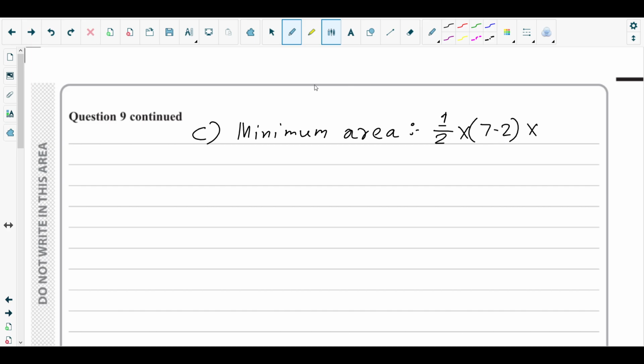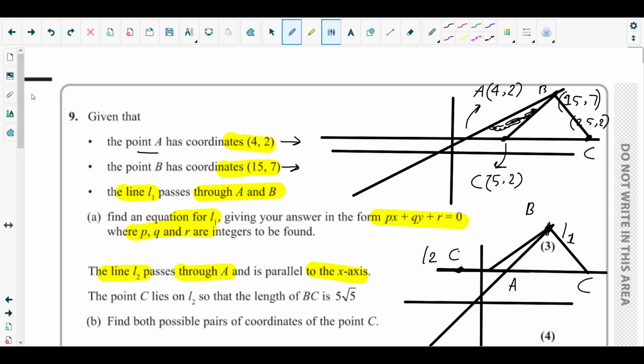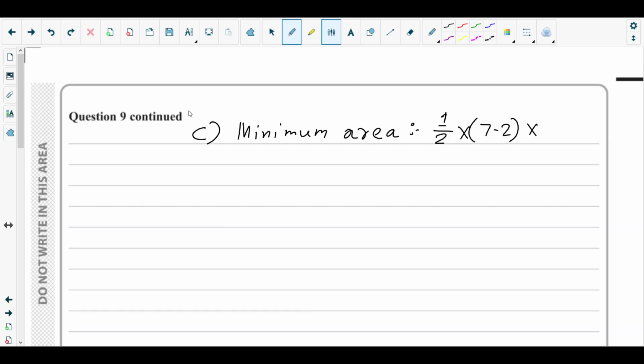Base is basically 5 minus 4, isn't it? 5 minus 4 is 1. And 7 minus 2 is 5. So the area is 5 over 2 unit squared. This is the minimum possible area.